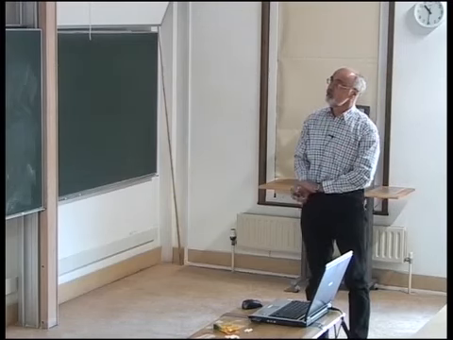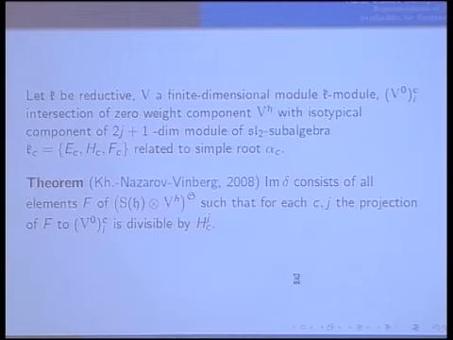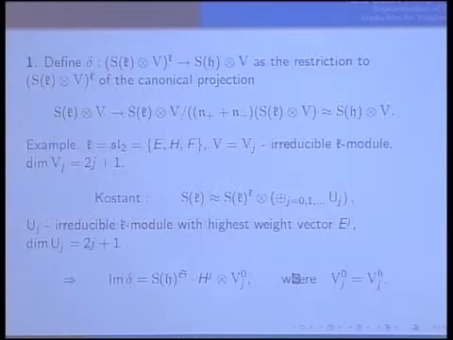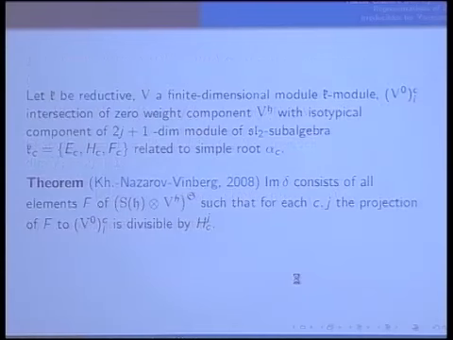Namely, for any reductive group and finite-dimensional module, the image of the map, which is the classical Harish-Chandra map, written here, can be described as follows.